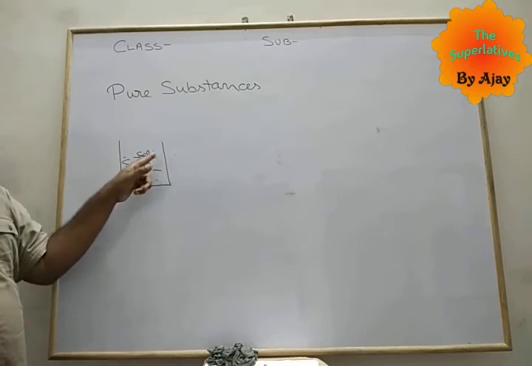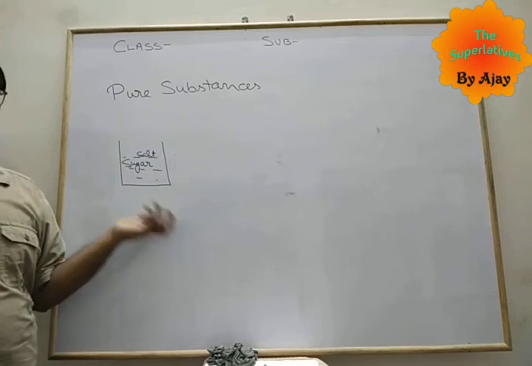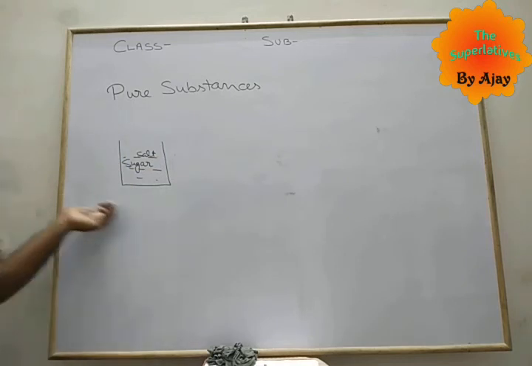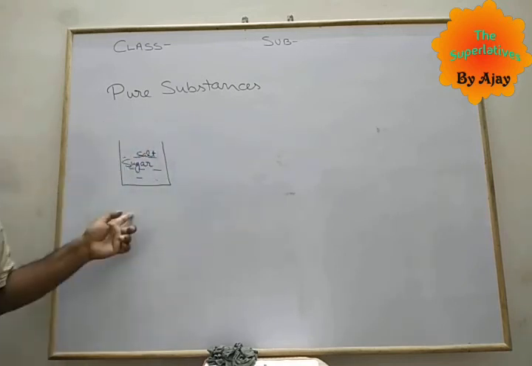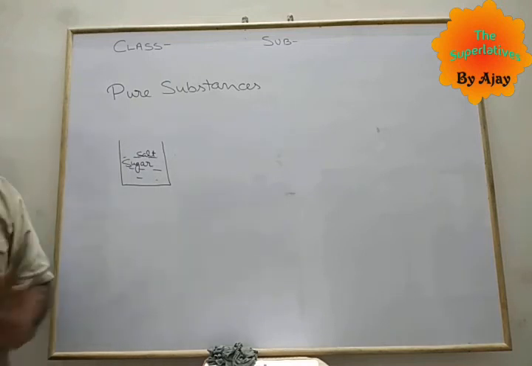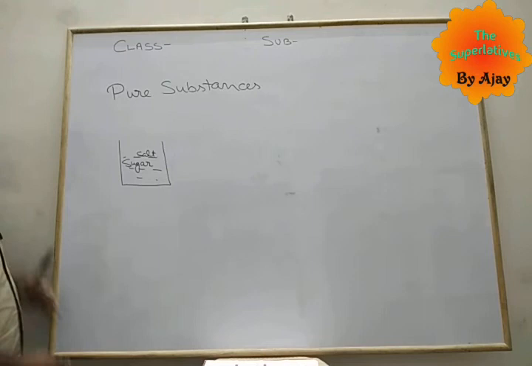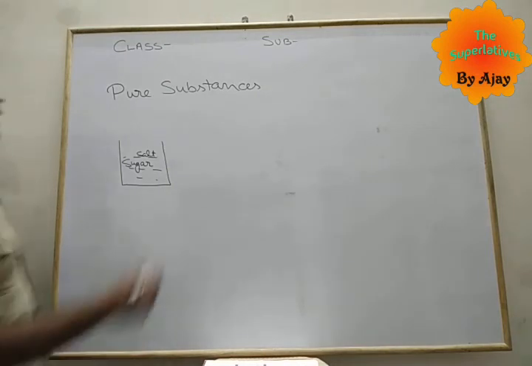We can neither use this sugar for your sugar syrup or your tea, nor use this salt in your vegetable, in your food. So this is not the pure form. In pure form we have only one element or one substance. This is the concept of pure substance.